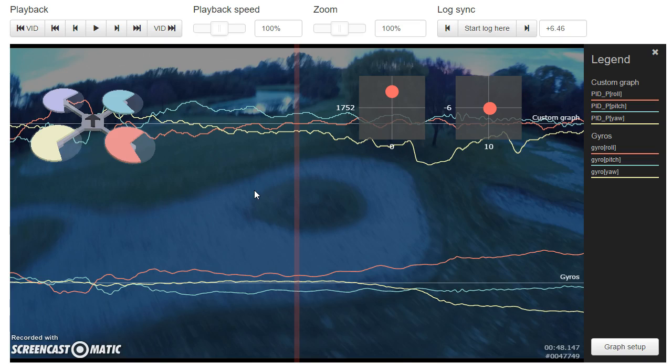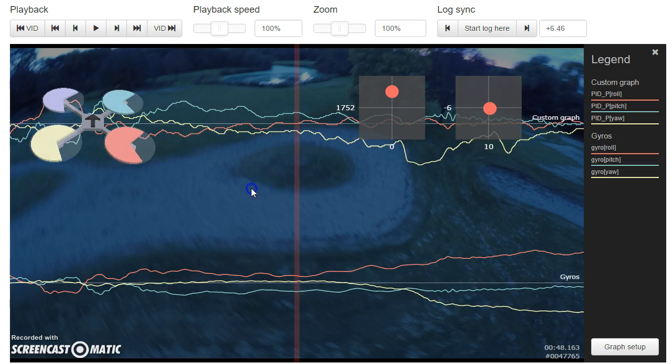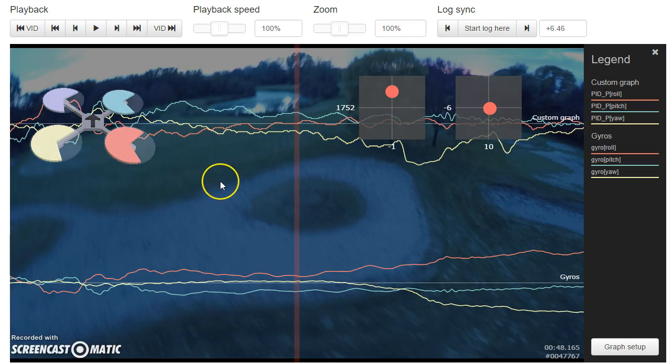So maybe raise your roll P a little bit and listen and feel for oscillations at high throttle and in prop wash situations, but see if the copter also feels a little bit more locked in. And you can also tweak your yaw. It's both your yaw and your roll P that contribute, I think, the most to that sort of locked in, well-controlled feel that a copter can have. So that's another thing to think about.